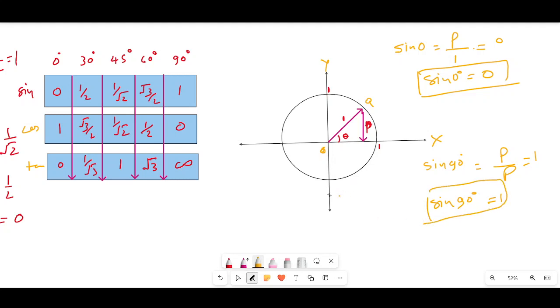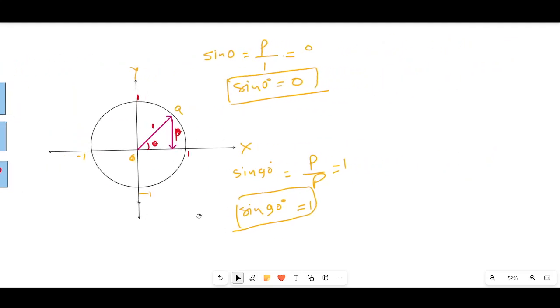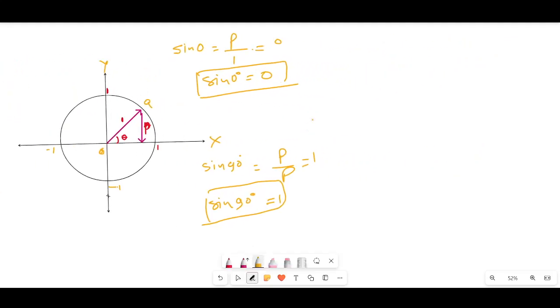Now that means if we cross the 90 degree, then here we will again get 1, and here we will get minus 1. Clear? Now because sine 0 is 0, sine 180 will also be 0.